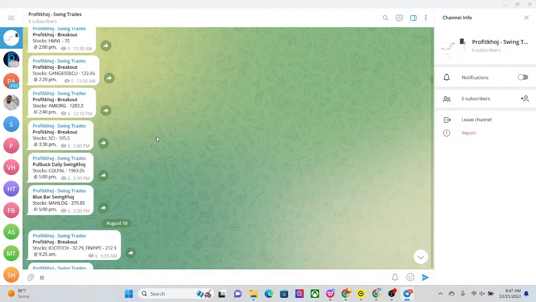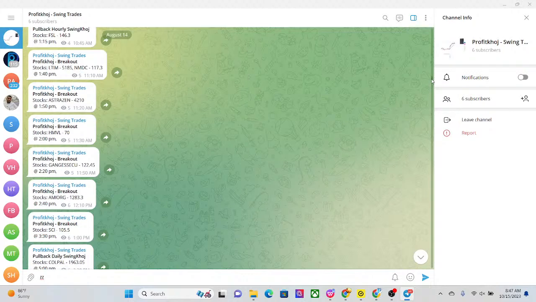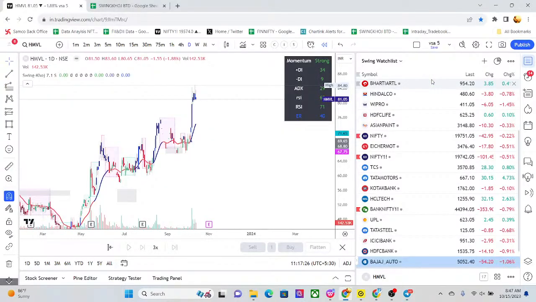What's the date? 14 August. Yeah, so here we got the breakout. See, now it's trading at, even after 70, it made a high of 76. 5%, more than 5%.